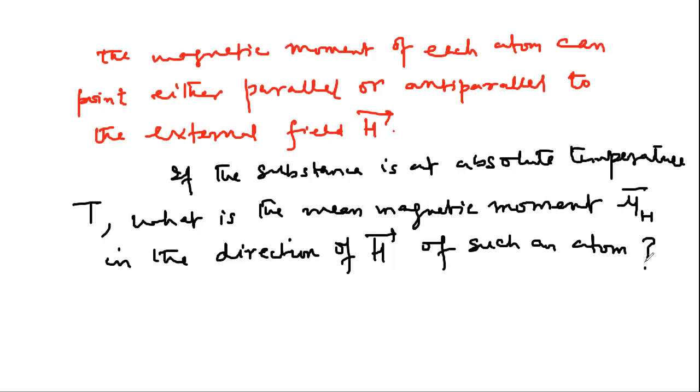So let us move now. As I told you, each atom can be in two possible states. We label them with plus.